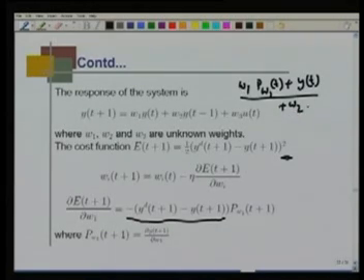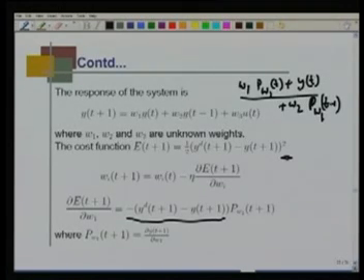Plus W2 is not a function of W1. So, simply W2 into p_W1(t-1), plus here of course there will be no term because neither of these is a function of W1.